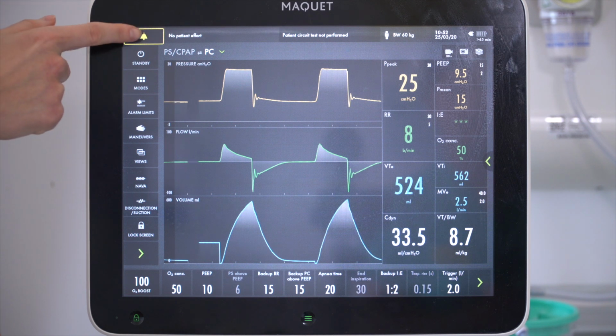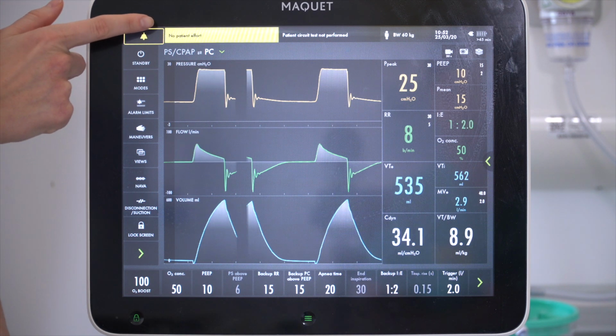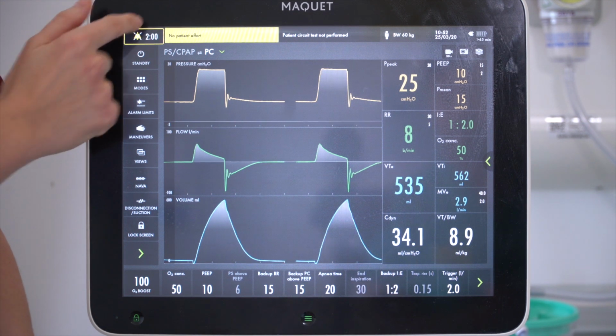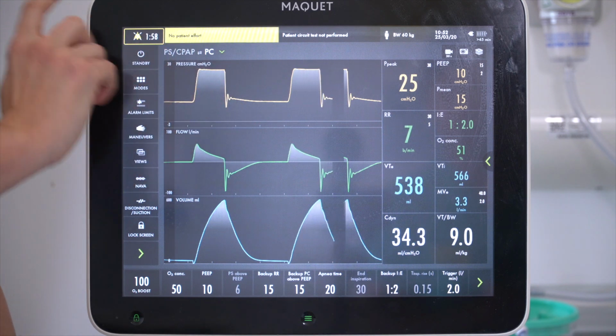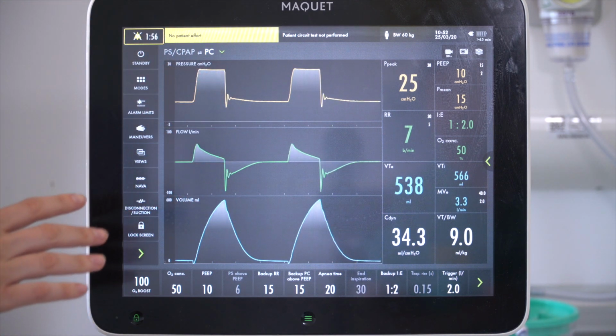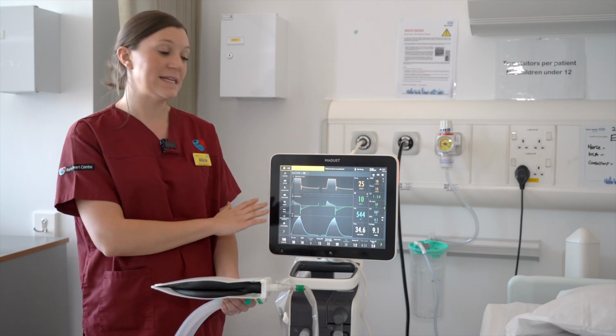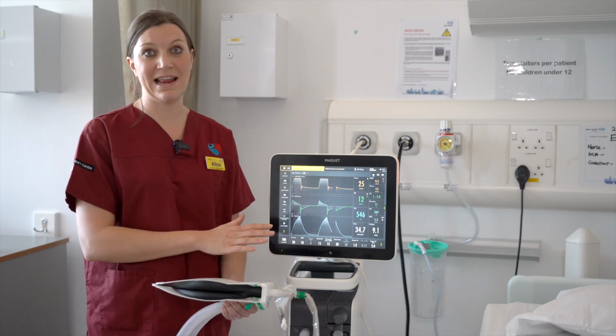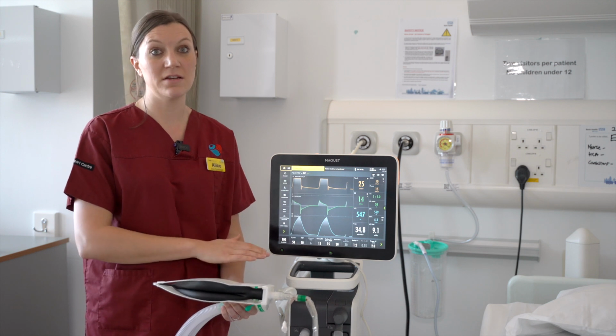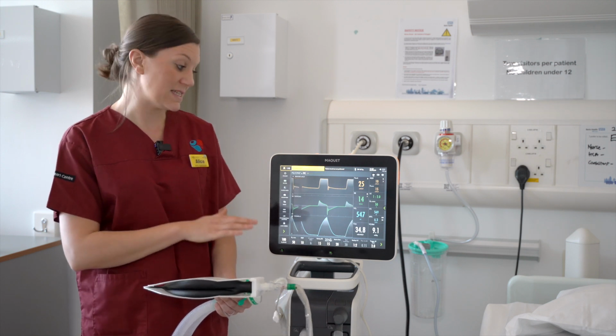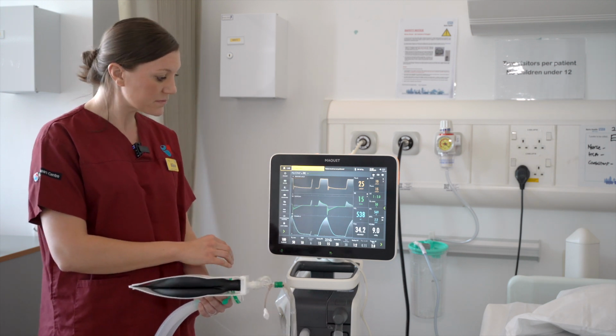You can silence the alarm at the top left-hand corner. You can see across the top here that there is no patient effort. This would mean that this patient is unlikely to be ready to be on pressure support ventilation, and may need to return to an SIMV or interactive mode of ventilation.